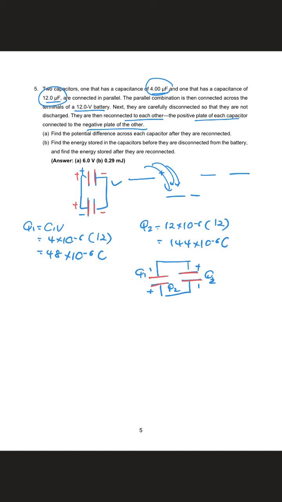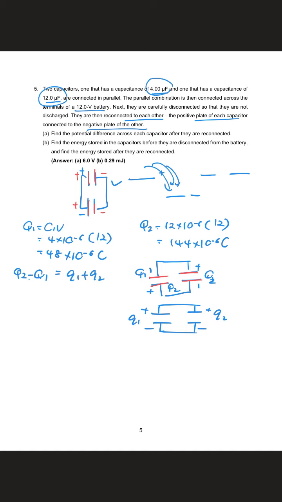So Q2 minus Q1, minus because it's connected with a different sign, is the net charge, which after will equal Q1 plus Q2. This means that the upper plate is going to be positive and positive, and the lower plate negative and negative. This is what I mean by equilibrium established.